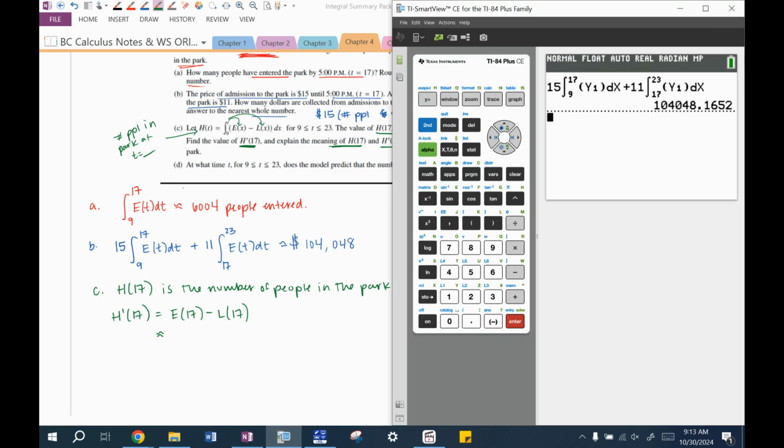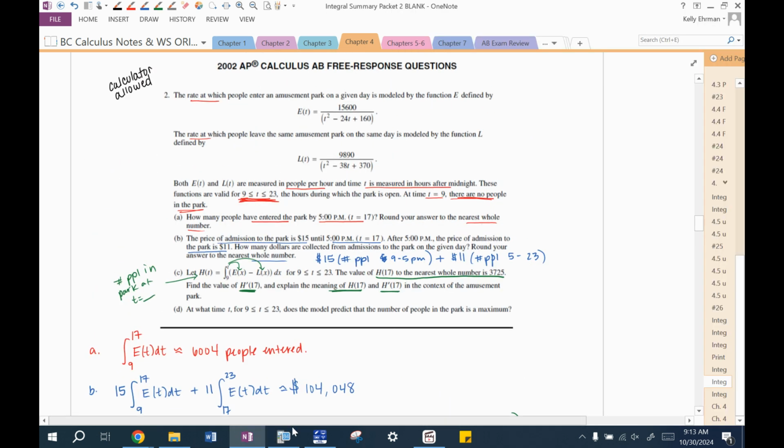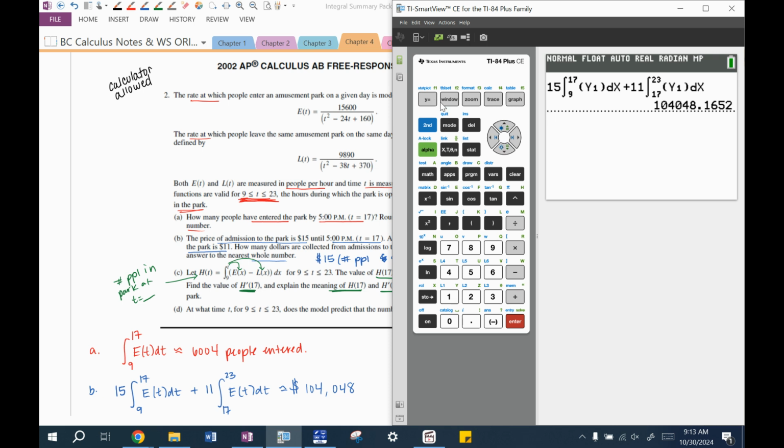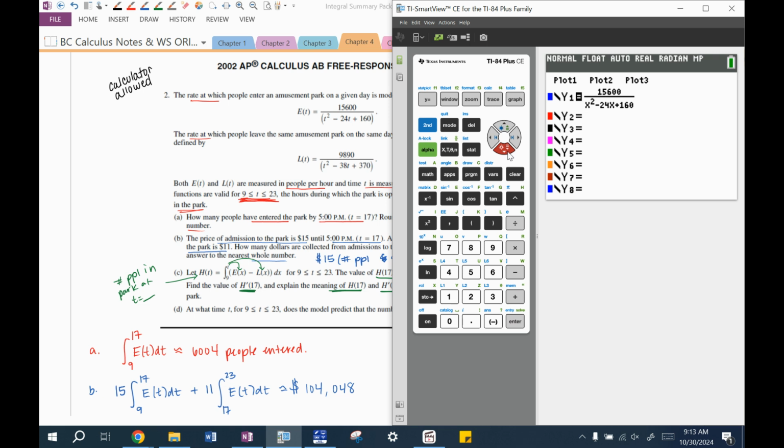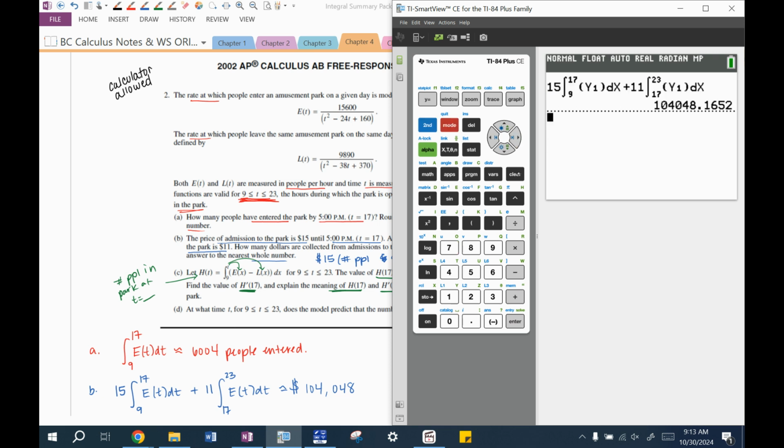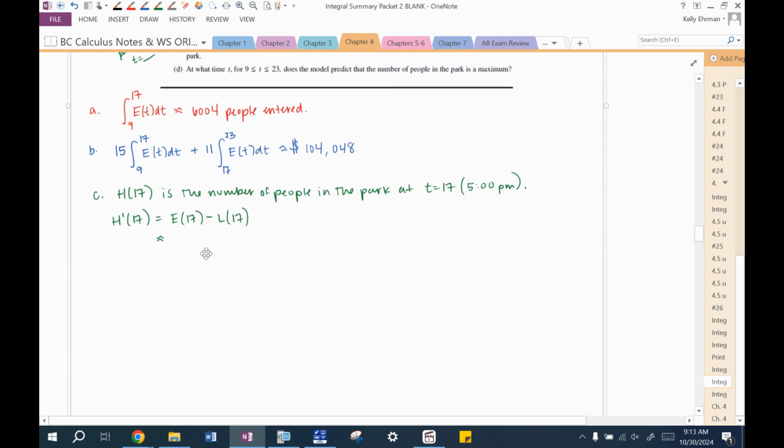All right, so how do I do that? Now, I don't have L of t entered in here. So let's get that in there first. Let's go back to y equals. Keeping e of t in y1, I'm putting L of t in y2, 9890 over x squared minus 38x plus 370. Now there's no integration here. Remember, h prime of 17 is just e of 17 minus L of 17.